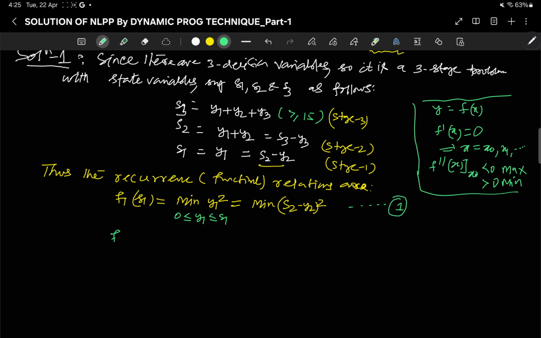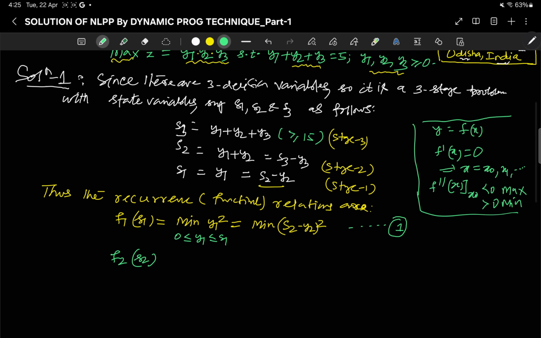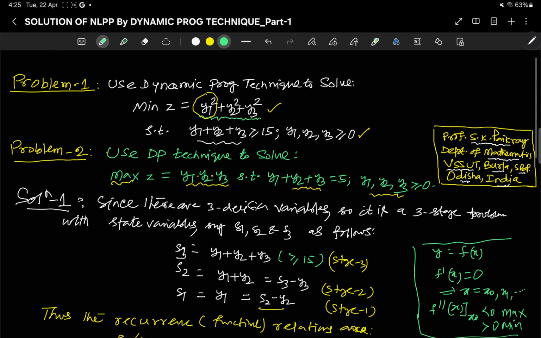Now what is f2(s2)? It involves two variables, y1 square plus y2 square.